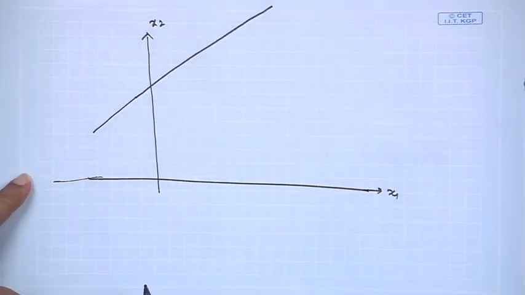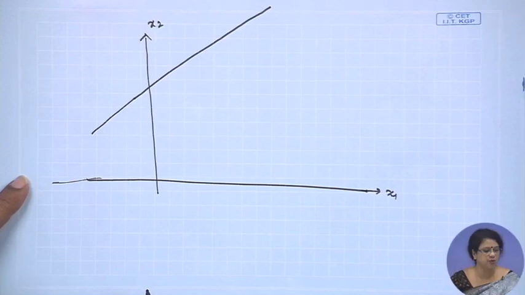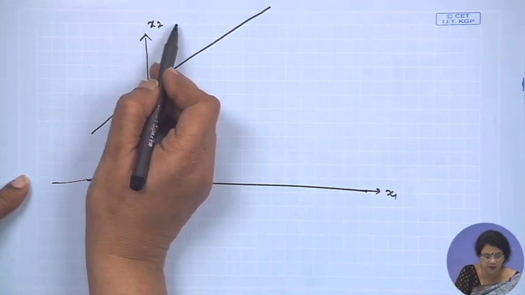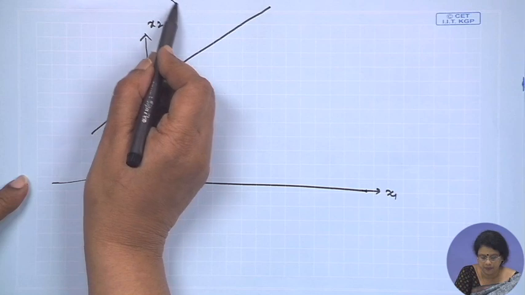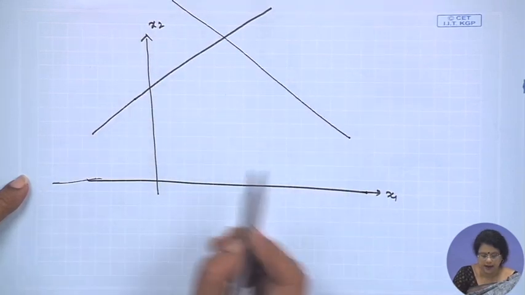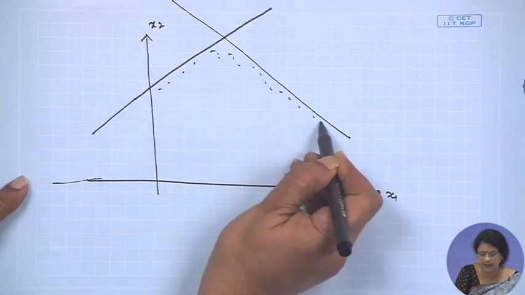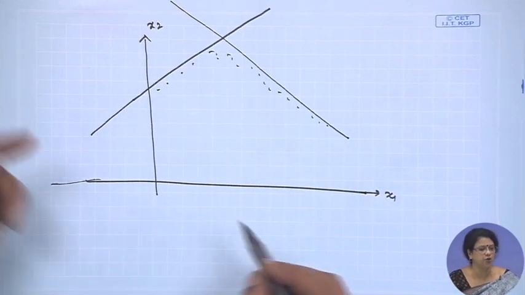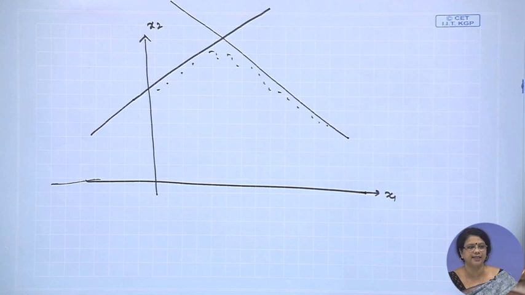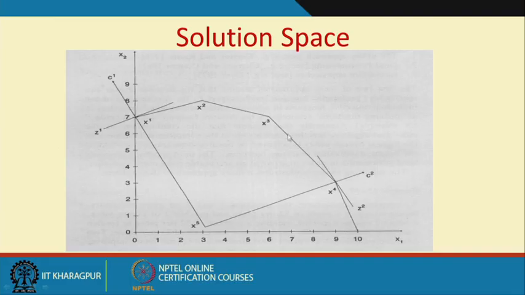The second one is x 1 plus 3 x 2 less than or equal to 27, so one line will be this way, and less than or equal to, that is why we are considering this region. This way, if we draw all 4 constraints together, we will get this picture. These are all the 4 constraints together, and this is the feasible space for us.